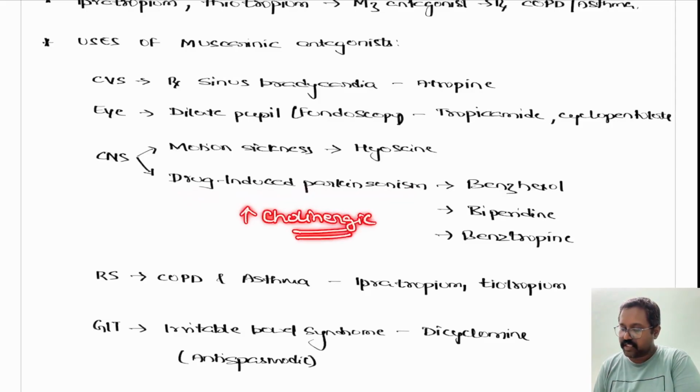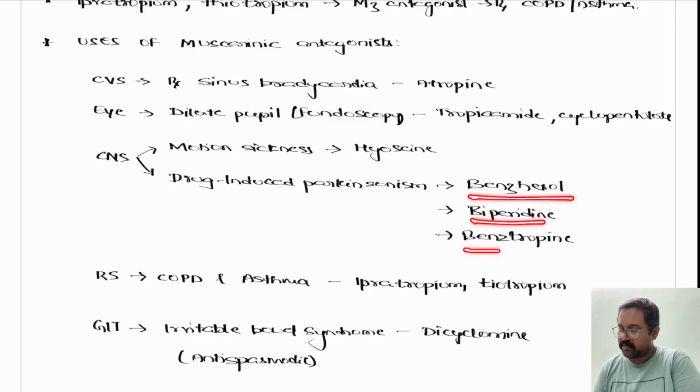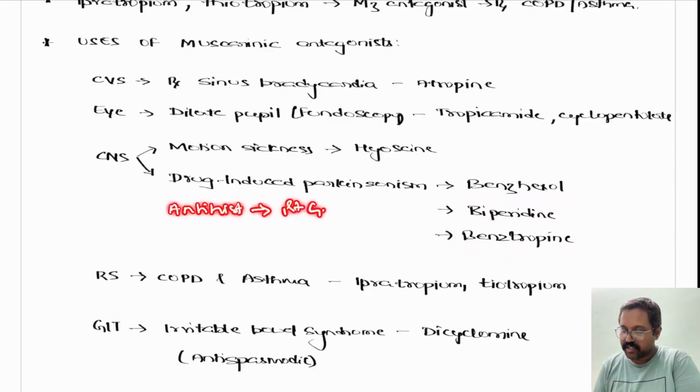To reduce the cholinergic activity, we use centrally acting anticholinergic agents such as benzhexol, trihexyphenidyl, and benztropine. And you can also use antihistaminics, that is, first generation antihistaminics. An example is promethazine, which has high central anticholinergic activity.